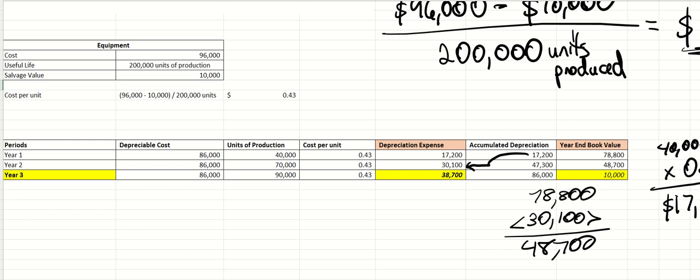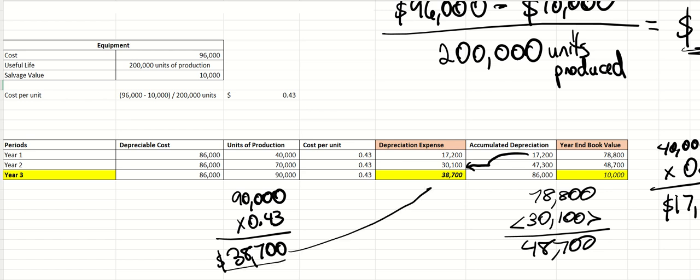Now, you may be wondering, how is this the case? Because if I put 90,000 multiplied by 0.43, so 43 cents, that gives us $38,700. So should this $38,700 be this?